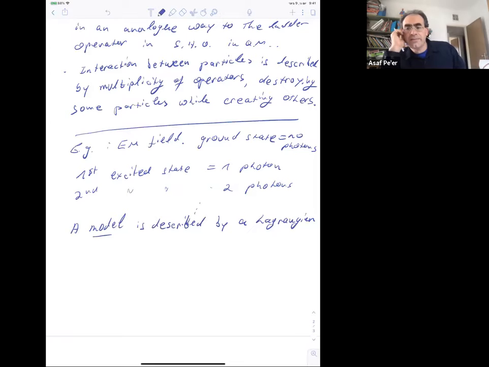And the Lagrangian holds all the information about two things. One is what are the particles involved.